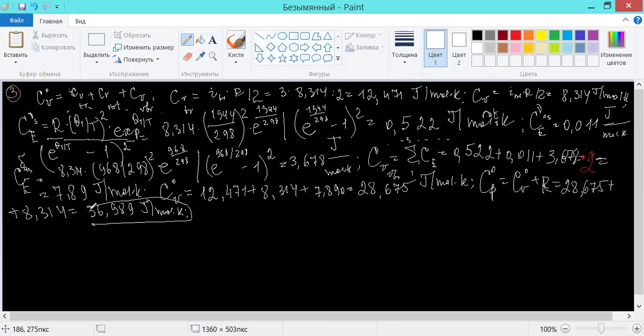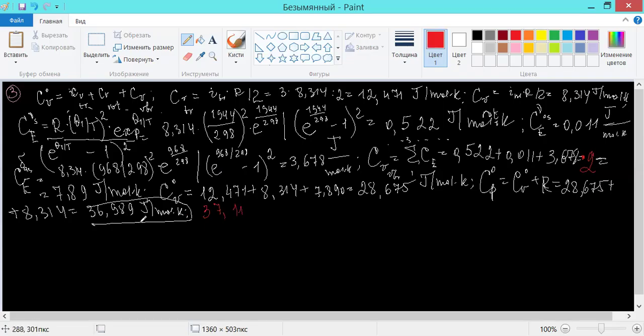And if you look up the value of the isobaric heat capacity for CO2 in a good manual reference book, you will see that it is nearly 37.11.